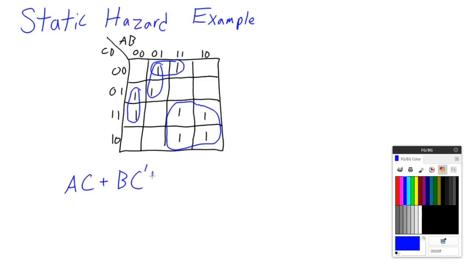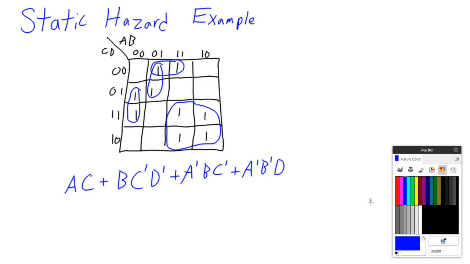So C prime, D prime. And what about this implicant here? Looks like A stays as a 0, B stays as a 1, and C stays as a 0. And finally, this guy here, A and B are both 0, so A prime, B prime, and D stays as a 1, so we don't prime it.